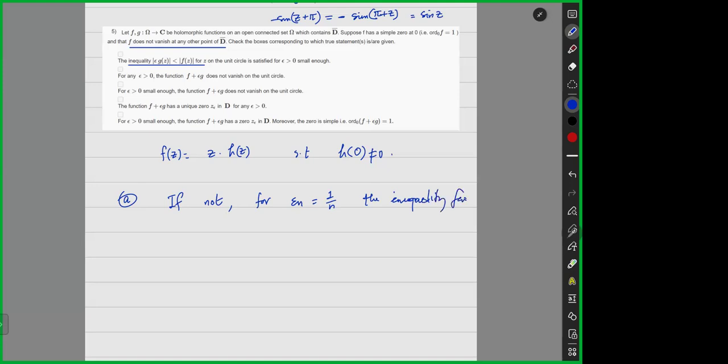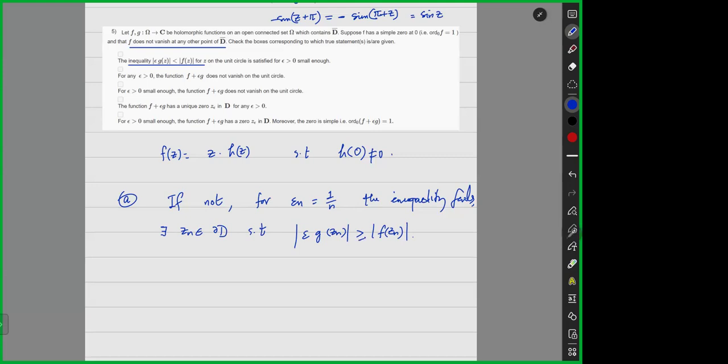This means there exists z_n on the unit circle, the boundary of the unit disc, such that epsilon_n times |g(z_n)| is bigger than |f(z_n)|. So we have got various points z_n where the inequality fails.